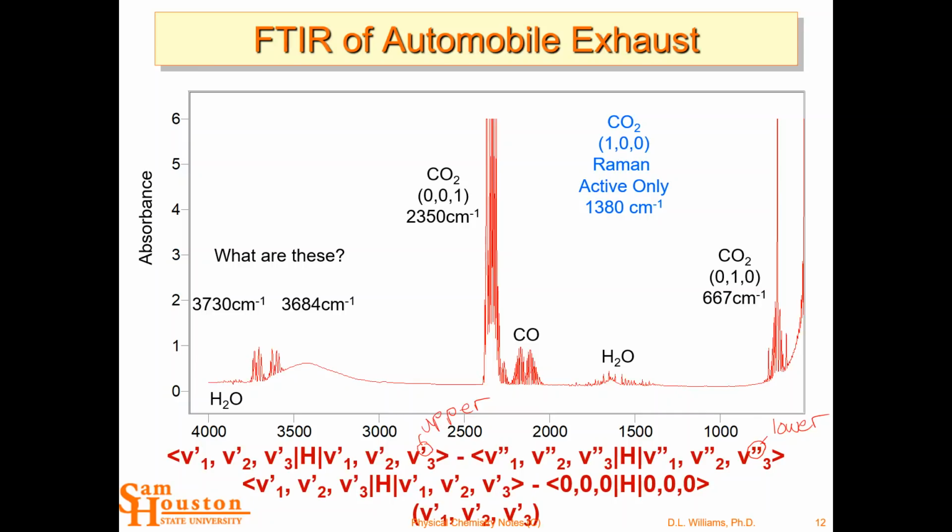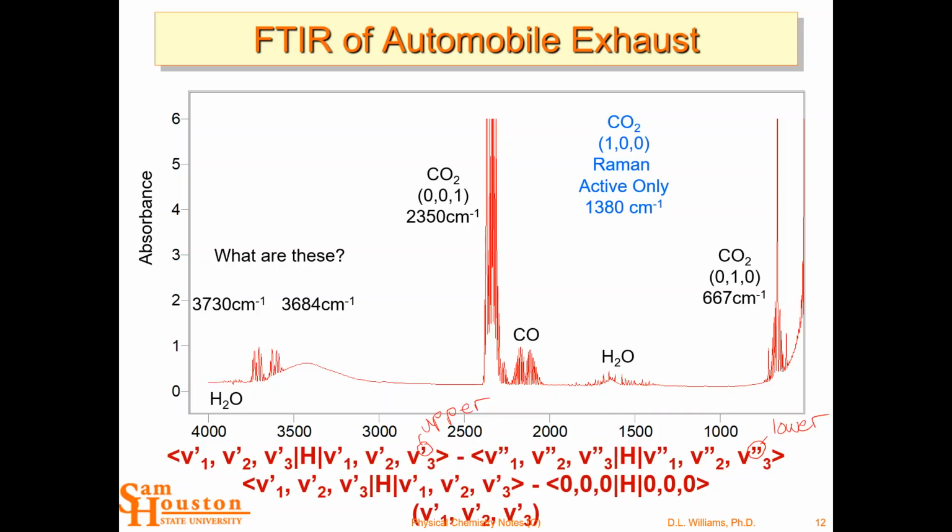CO2 has 4 vibrations, because it's 3n minus 5, but 2 of those motions, this bending motion, are degenerate. It's the same energy whether it bends in the x direction or the y direction. So we really only have 3 peaks that we're going to see, either in the infrared or in the Raman. And we label those with their quantum numbers.